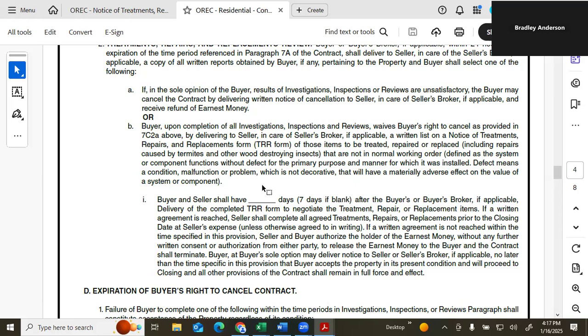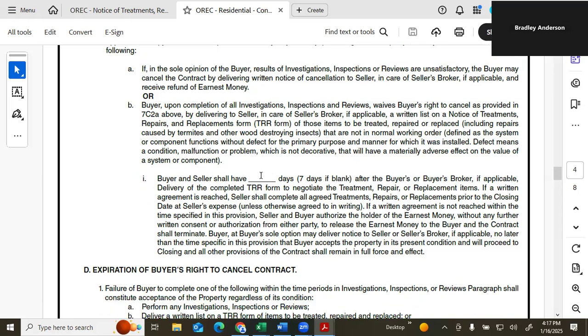And then it says, buyer and seller shall have X amount of days, and it's 7 if it's left blank, after the buyer or buyer's broker, if applicable, delivers the completed TRR form to negotiate these repairs. Okay, so you're given an extra amount of time to actually negotiate the repairs.